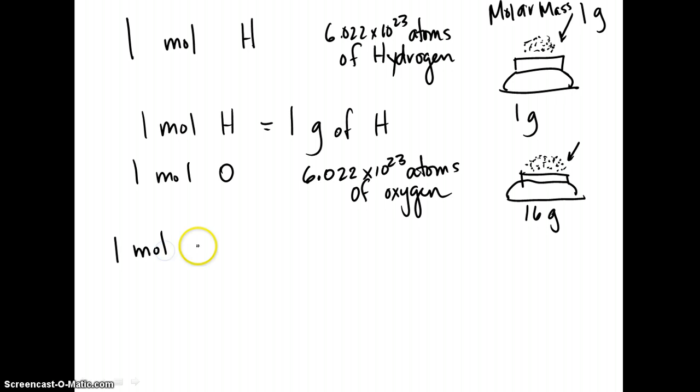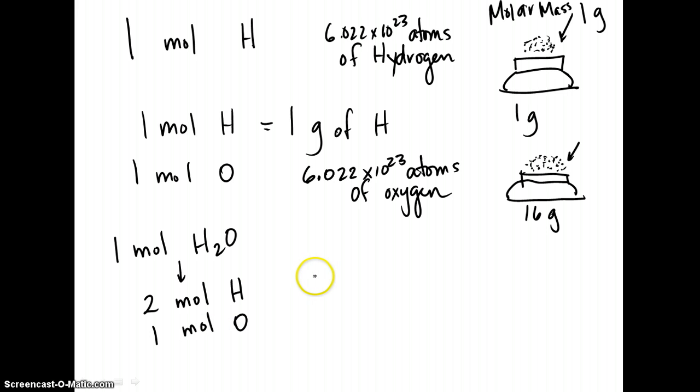So in this case, let's say I have 1 mole of water. In this case, you notice the subscript 2. So first of all, we know that we have 2 different elements, and we have that subscript 2. If I were to break it down into the parts, just like that analogy I made of the Oreo cookie, we have double the amount, or double the moles, of hydrogen than we do oxygen. We only have 1 mole of oxygen for every 2 moles of hydrogen.